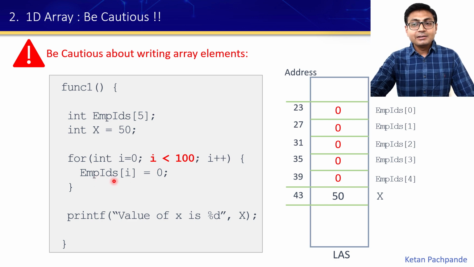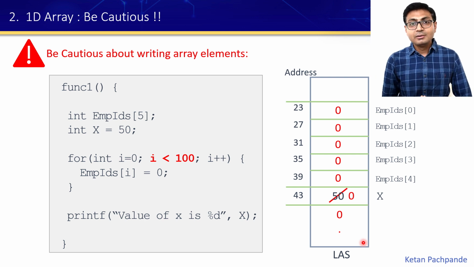And employee ID 5 means it is going to refer to the next address, that is 43. And it is going to overwrite the value of 50 and it will become 0. Further also, I value will become 6 and the value at the next memory location will also become 0 and so on.